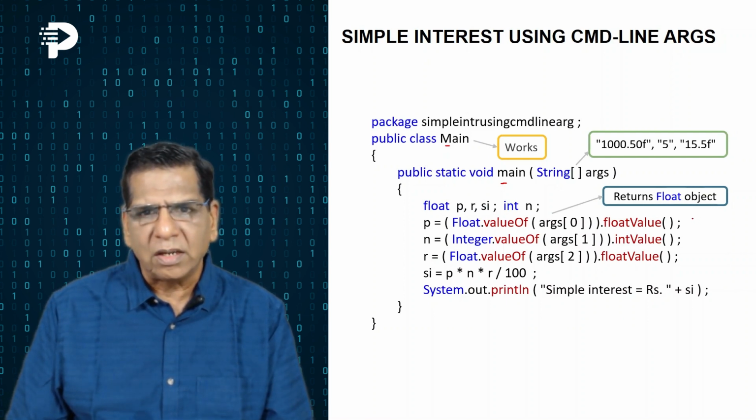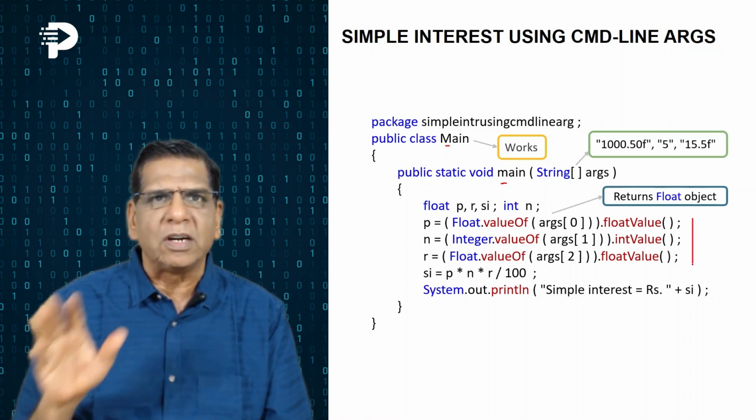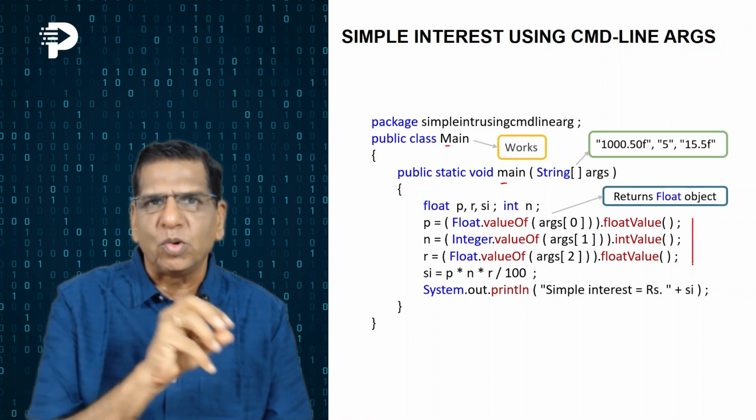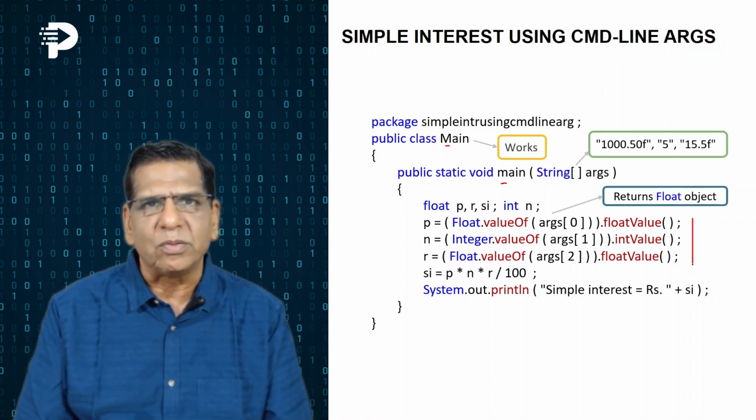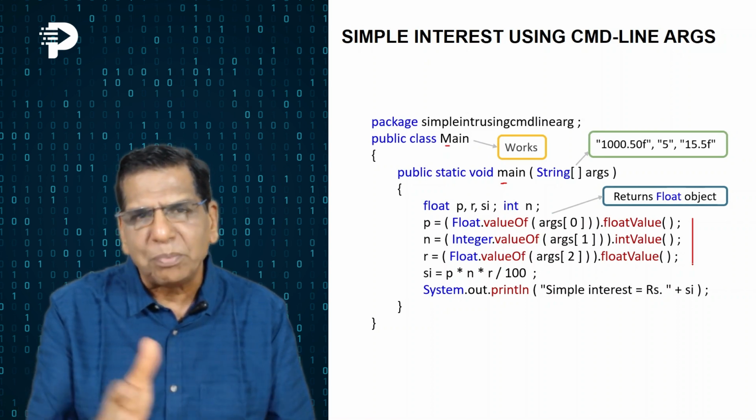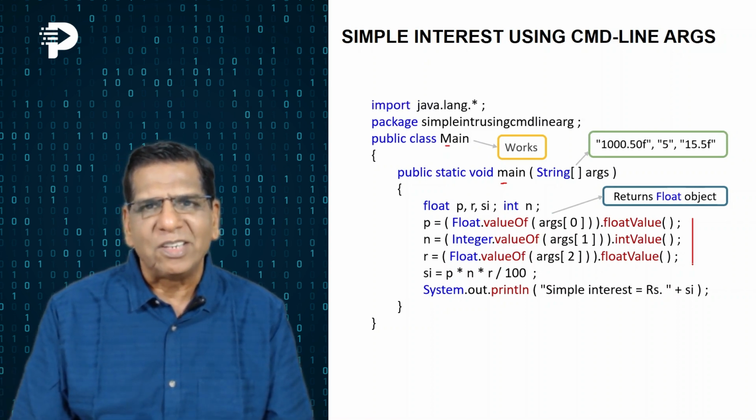So that is how you can make use of these Float and Integer classes to convert a stringized float into a floating point value or a stringized integer into an integer value. This appears to be a little difficult. That is why there is a simpler method available.